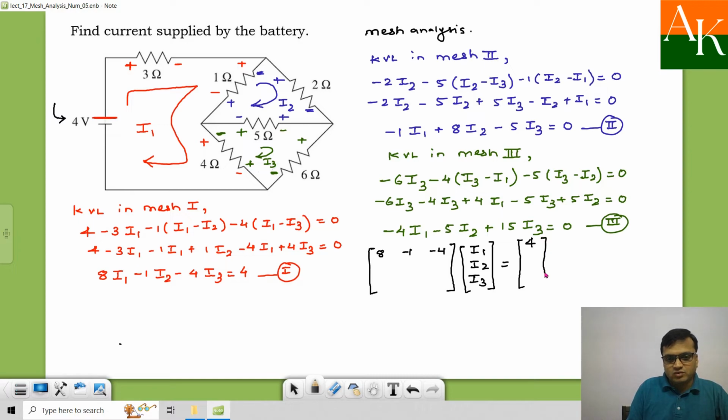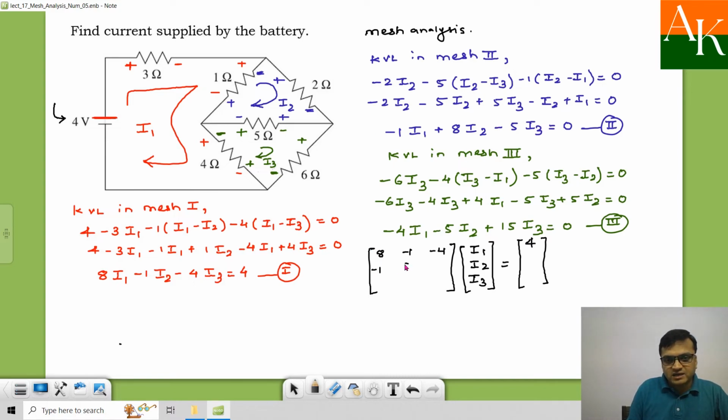What this first equation says: 8 is nothing but the addition of all the resistances in mesh 1. 1 ohm is shared between mesh 1 and mesh 2, and the currents are flowing in opposite directions, that's why minus 1 over here. 4 ohm is shared between mesh 1 and mesh 3. Currents through 4 ohm are in opposite directions: I1 is moving downward, I3 is moving upward. That's why there is a negative sign. And the net voltage over here is 4.